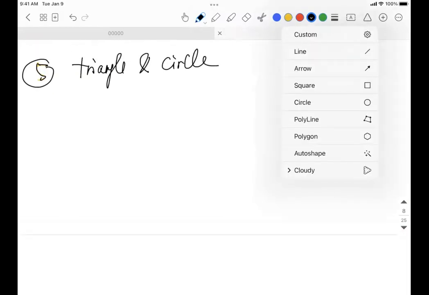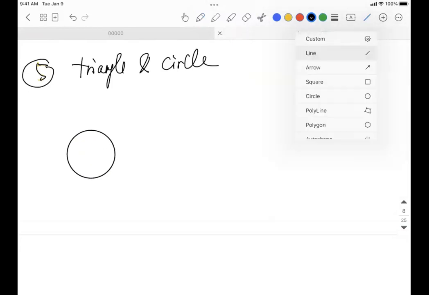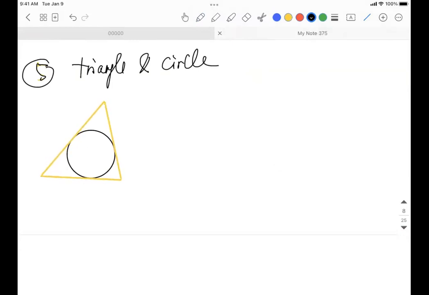So I have a triangle, I have a circle. Then I'm going to create a triangle. Okay, so this is my inscribed circle.